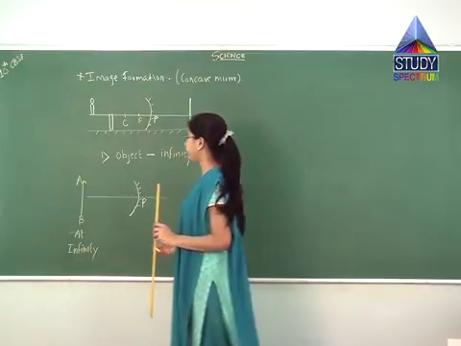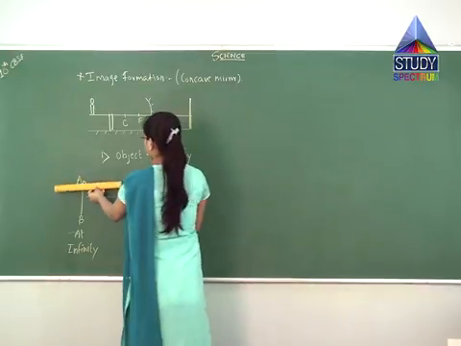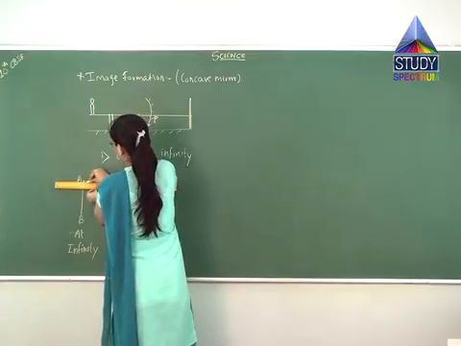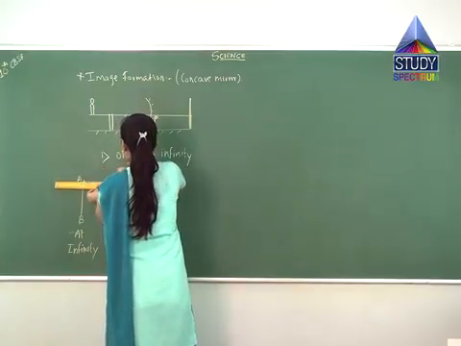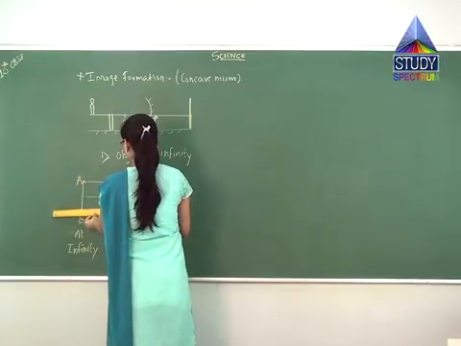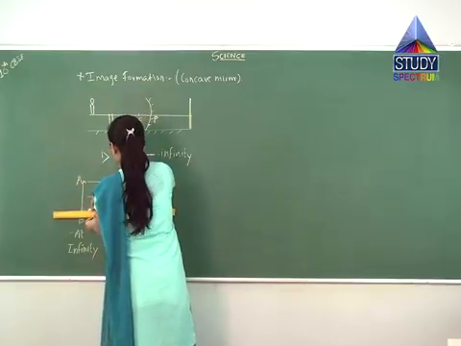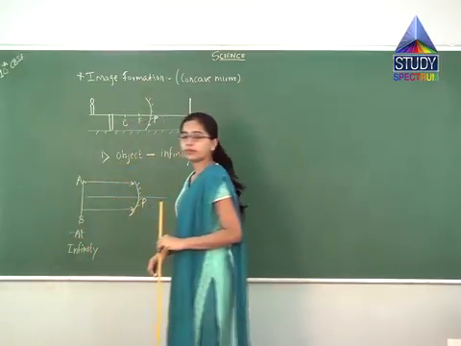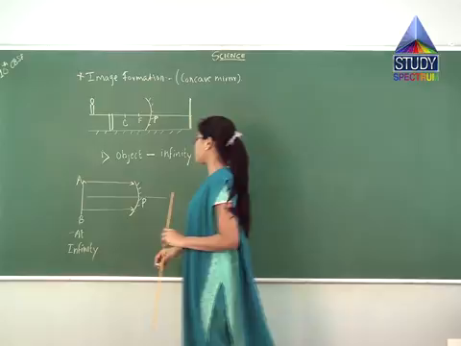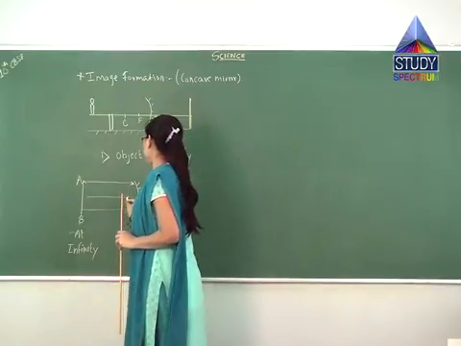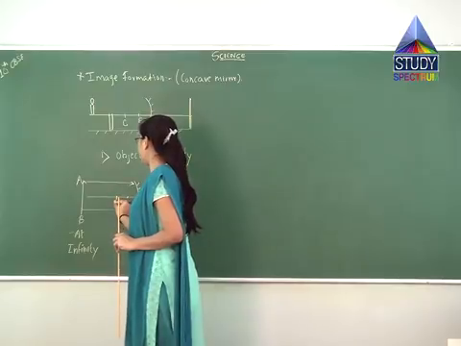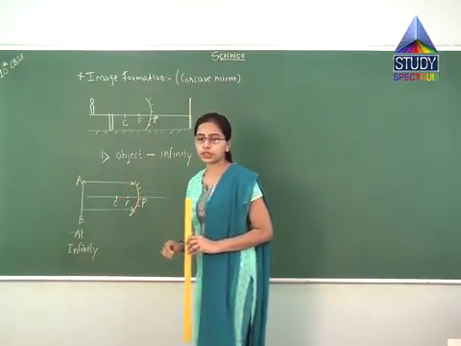Definitely the rays from the object will come parallel like this, right? Suppose here is the focus of the mirror and here is the center of curvature.